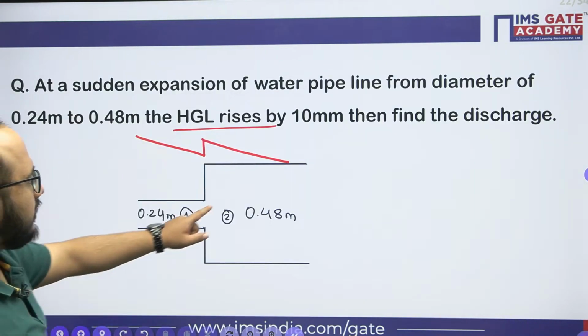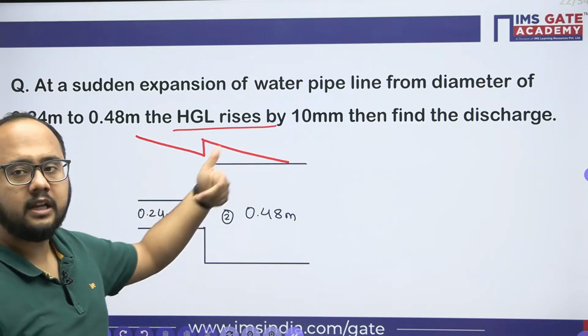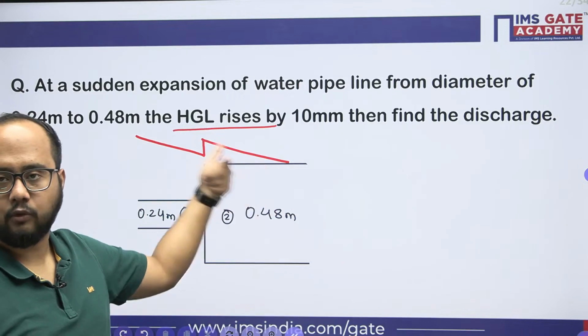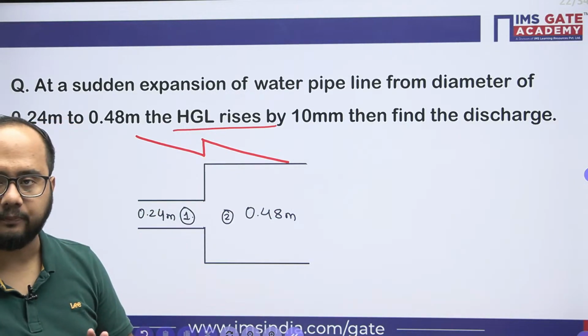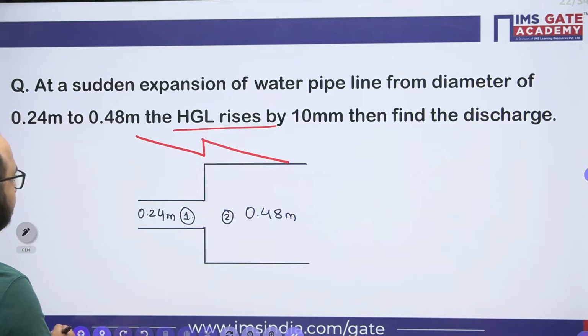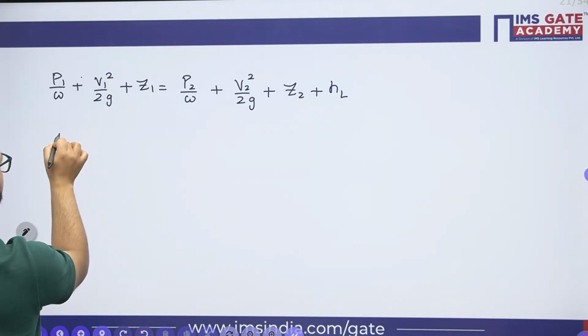Now what they have mentioned is HGL rises by 10 mm. So how can we represent this data in the Bernoulli's equation?